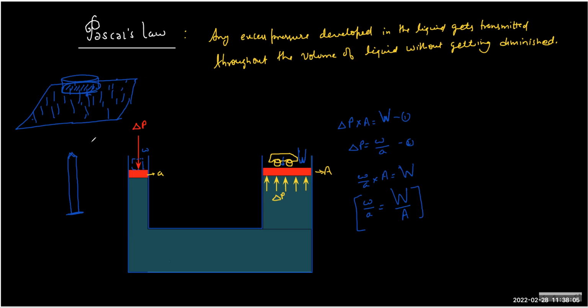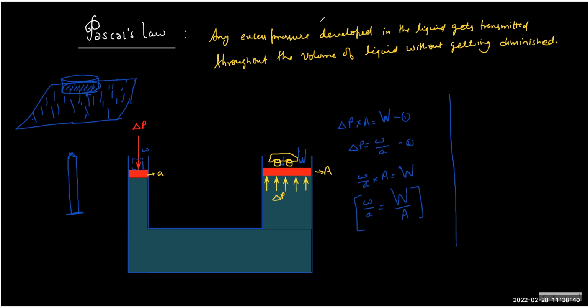Similarly, what we are doing here is creating a small pressure, transmitting it through the liquid, and then we have a large piston over which the entire car is kept. The piston is so large that the effective pressure that we develop is as good as the pressure that we develop on the left side. And because of the equality of pressure, we can lift it easily. So this idea is always there. Understood?